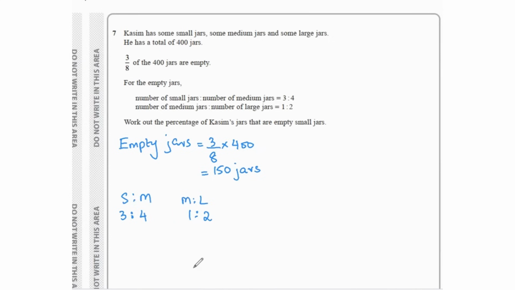But to do that, we need to make medium the same in both the ratios. So in the second ratio, we can times it by 4. So now we have 4:8, which is the same as this. So small is to medium is to large becomes 3:4:2.